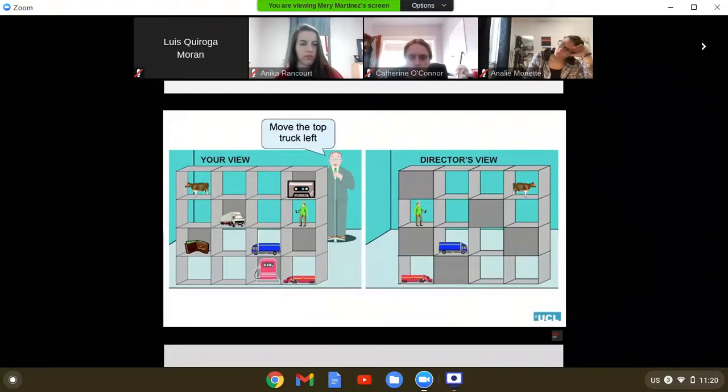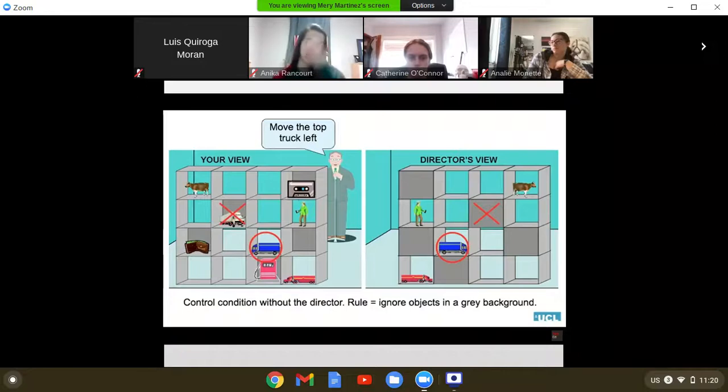Now, believe it or not, normal, healthy, intelligent adults like you make errors about 50% of the time on that kind of trial. They move the white truck instead of the blue truck. So we give this kind of task to adolescents and adults, and we also have a control condition where there's no director, and instead we give people a rule. We tell them, okay, we're going to do exactly the same thing, but this time there's no director.